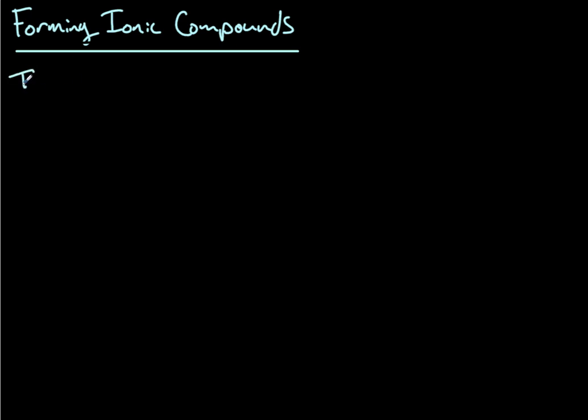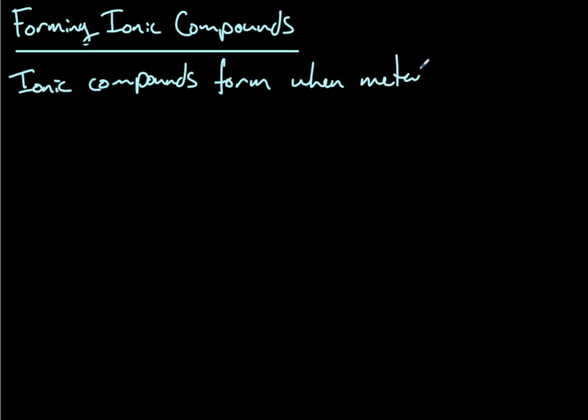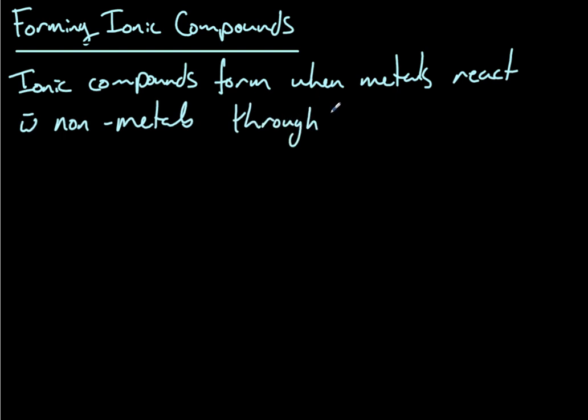So, ionic compounds form when metals react with nonmetals through an exchange of electrons.